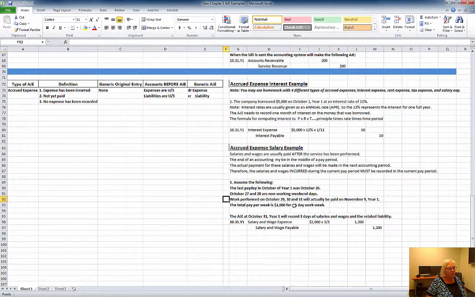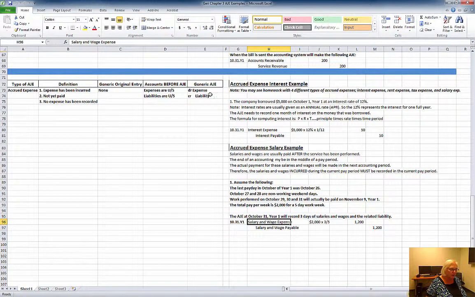Okay? The total pay per week is $2,000 for a 5-day work week. So the adjusting entry at the end of October is going to record the 3 days of salaries that were earned during October. So it's an expense that the company incurred during October, and we haven't paid it yet, so we need to record the expense and the liability for it. So on October 31, we will debit our expense, which is salary and wage expense.